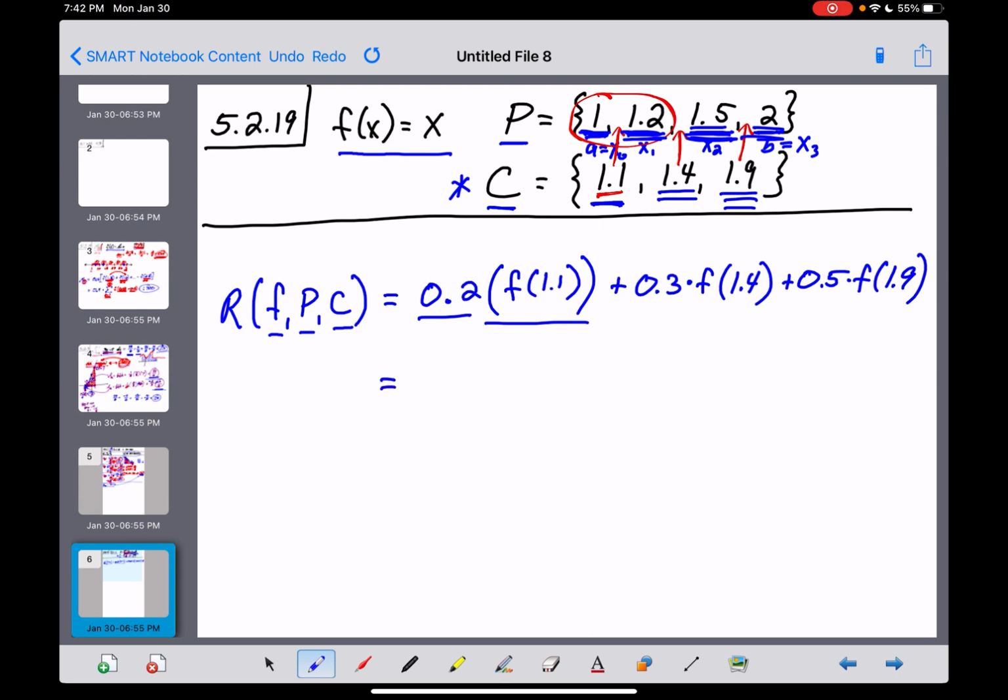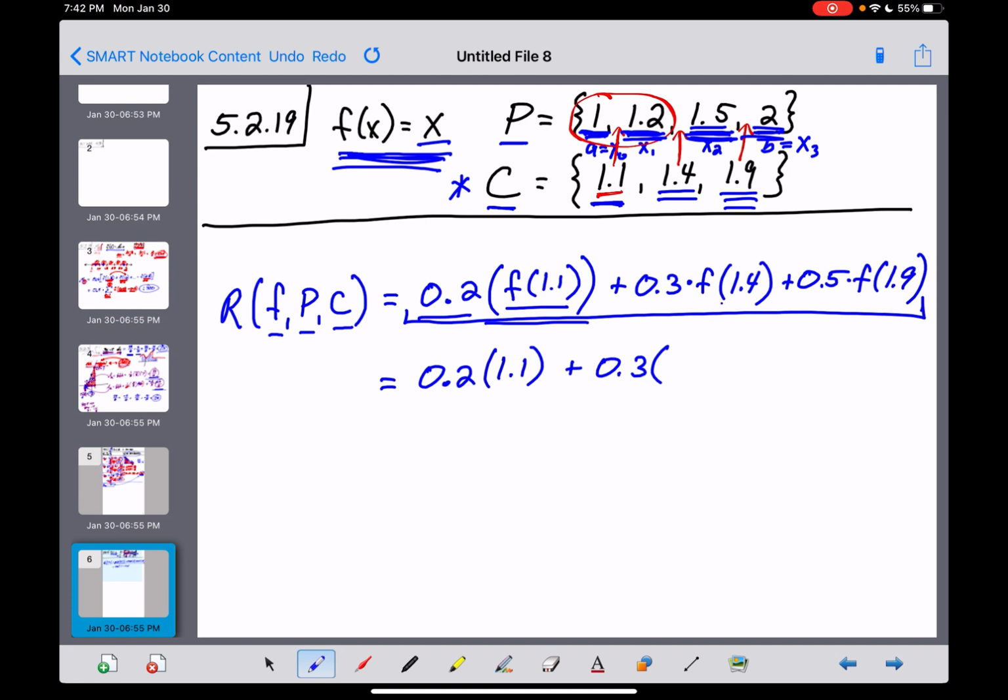Now, if this function were anything more complicated than it is, I would define that function in my calculator and then just type this exact expression in. But since f of x is just x, this gets kind of simple. This is 0.2 multiplied by f of 1.1, which is 1.1, plus 0.3 times f of 1.4, which is 1.4. And then we've got our third one, 0.5 times f of 1.9, which is just 1.9.